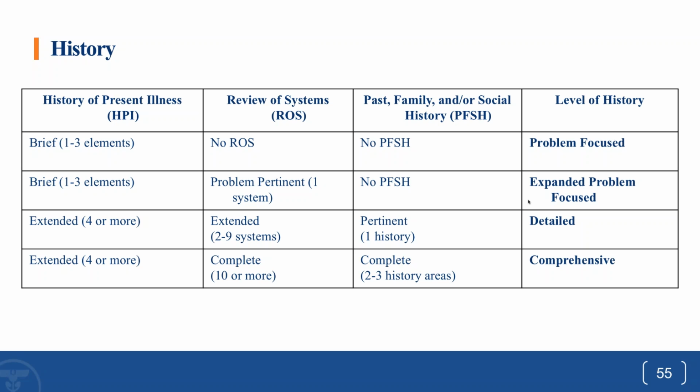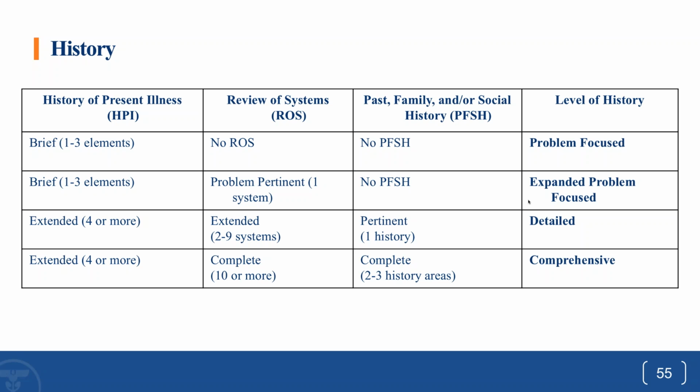Past family social history. We know they're scattered on the page. It's okay because we know what we need to do, right? So past family social history, if they're just asking from one section, or if it's just one, then it's considered pertinent. Or if they're asking from 2 or more areas, then it's considered complete. Okay. Look at this.